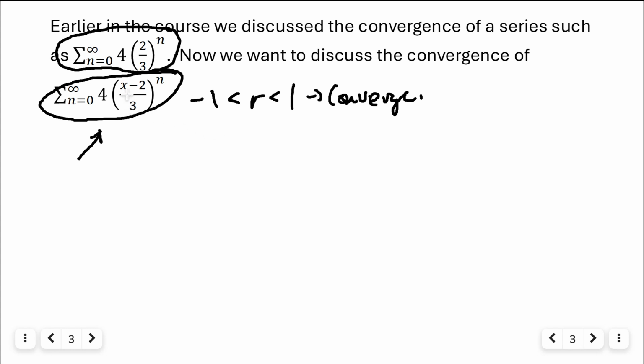Like if I plugged 7 in. Well, if I plug 7 in for x, it gives me 5/3 to the n. 5/3 to the n is going to be a divergent geometric series. Okay? So that's what we're trying to do. We're trying to look for the values of x that will make this thing converge. All right? That's the concept behind it.